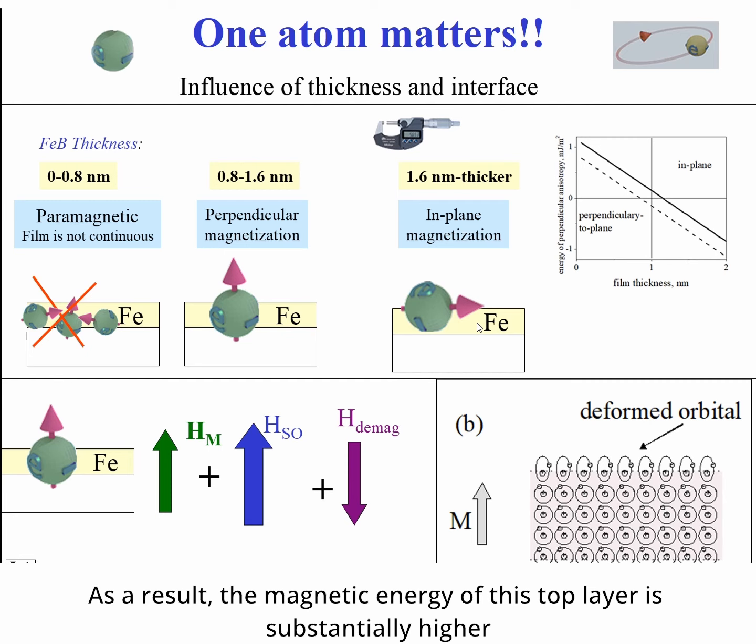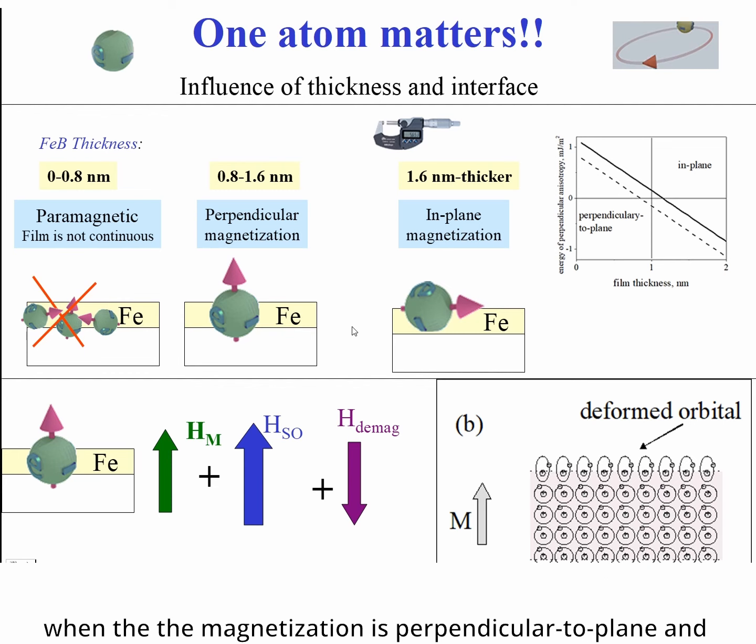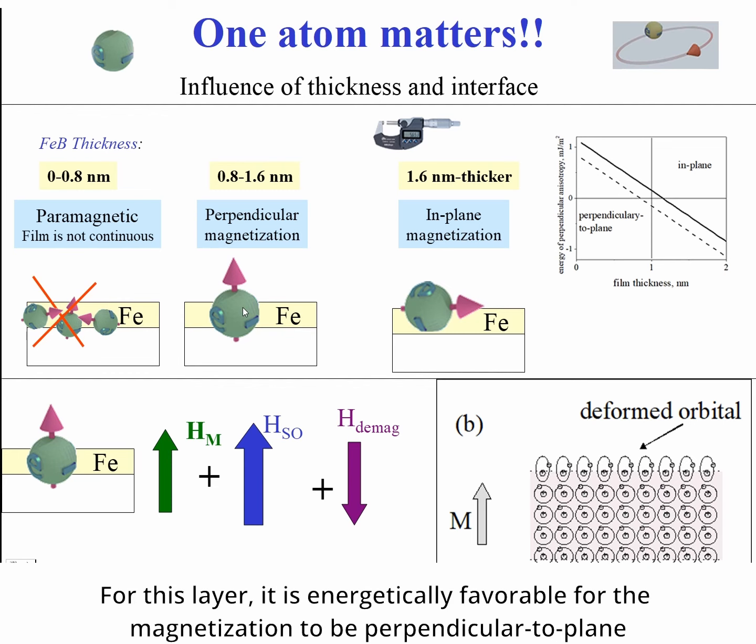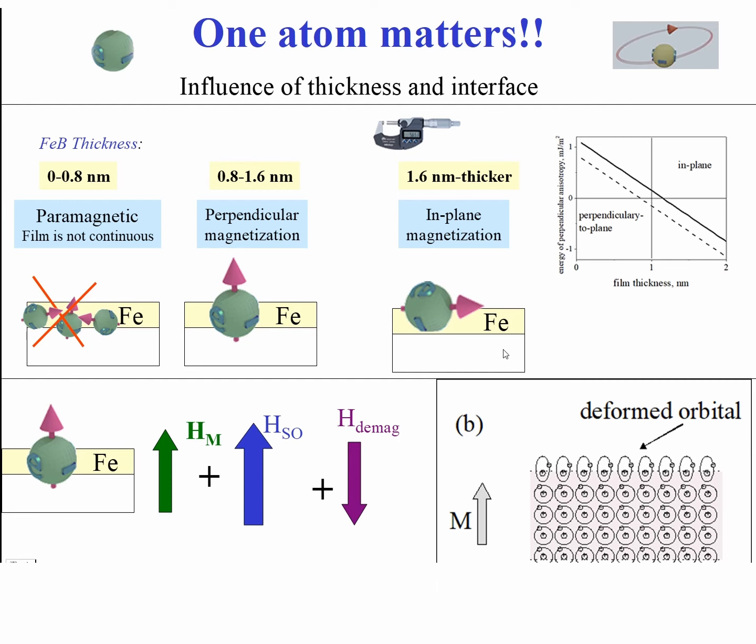As a result, the magnetic energy of this top layer is substantially higher when the magnetization is perpendicular to plane, and for this layer it's energetically favorable for the magnetization to be perpendicular to plane.